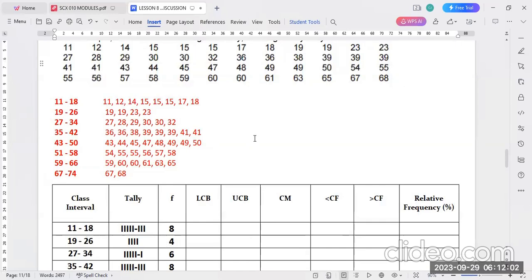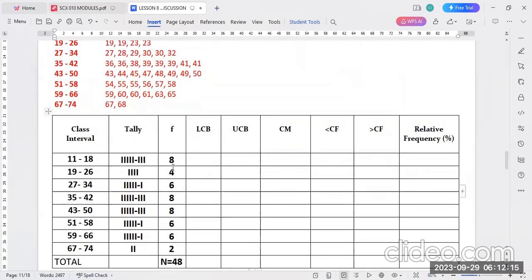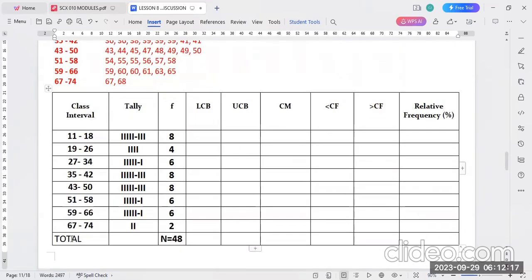Okay, so ganun lang po yung tally and frequency. Kaya until makarating kayo sa last class interval, which is 67 to 74, is actually 67 to 68. So that's how you get the tally and the frequency.